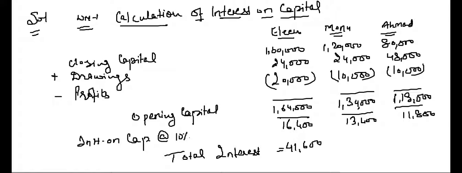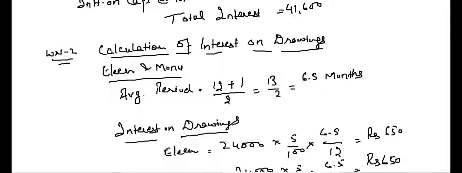Clear? First of all, identify what the omissions made are. Accordingly, first work on those omissions. In this problem, the omissions were interest on capital and interest on drawings. So we worked on these two things first. Interest on capital is to be calculated on opening capital, but we were given closing capitals, so we made adjustments to reach the opening capital.